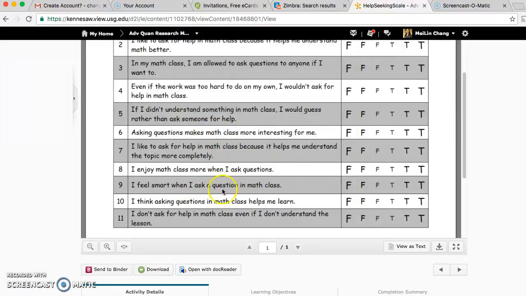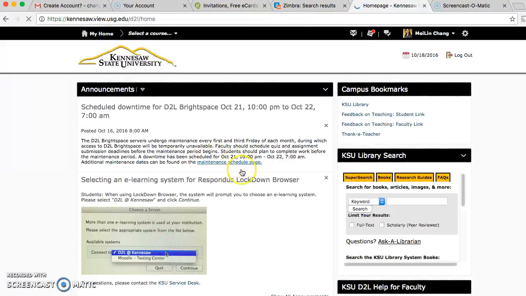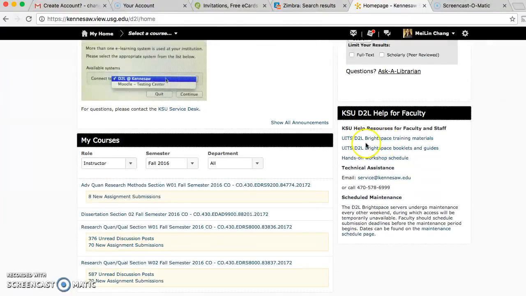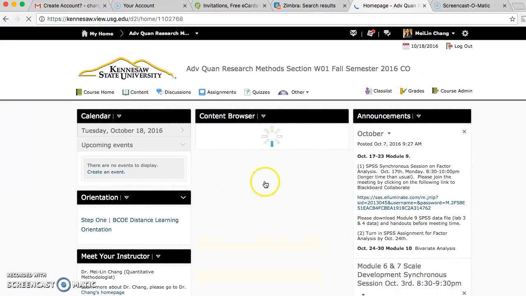So this has this emotion aspect of help seeking. Therefore, in our assignment, I asked you to run reliability tests on these 3 subscales.